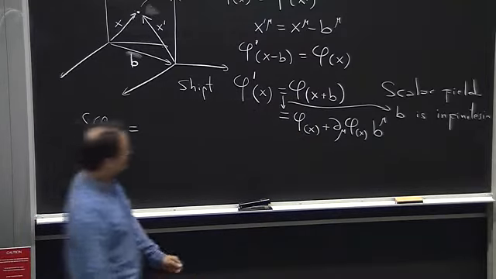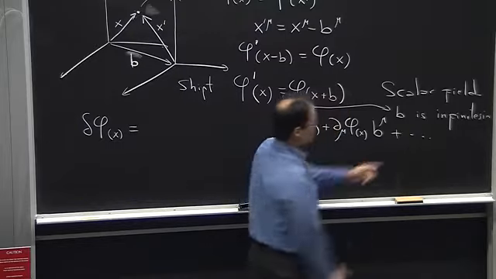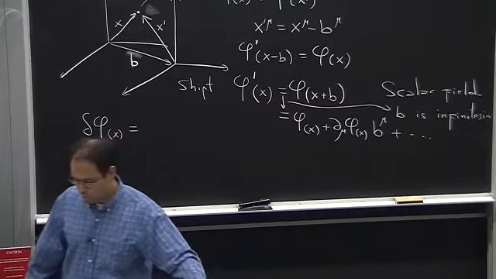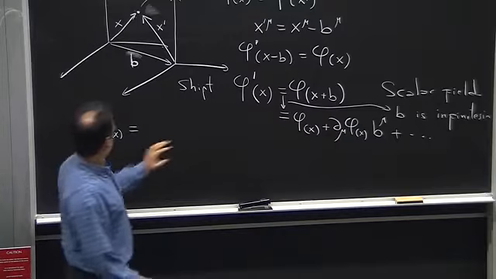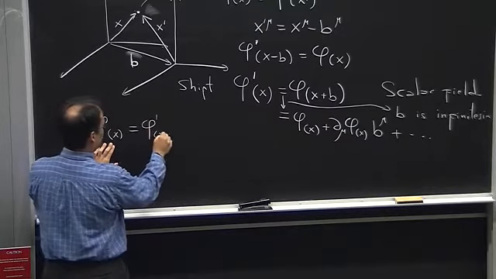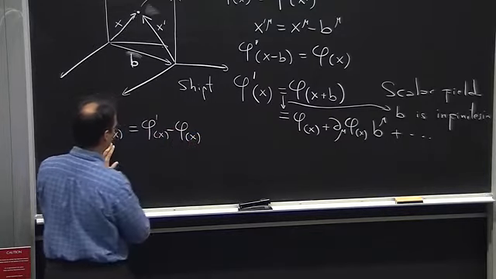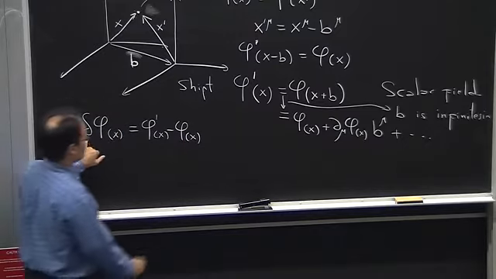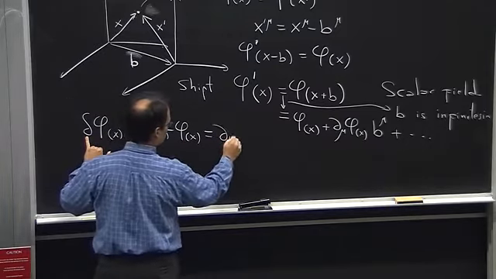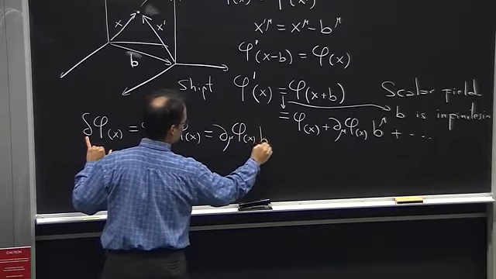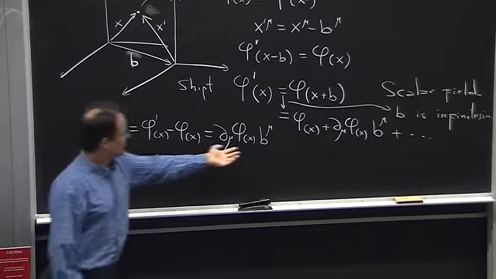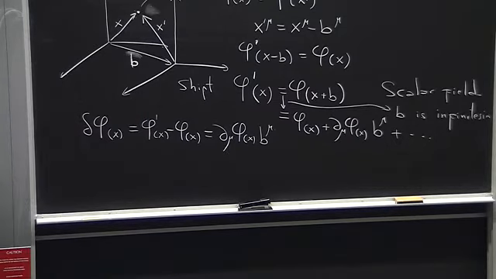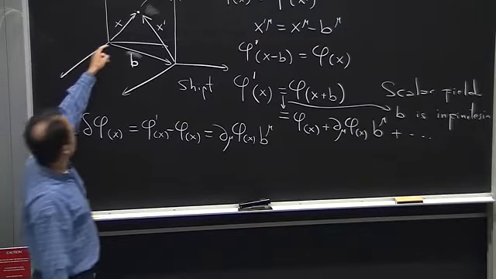Do you agree? Plus higher order terms, but if b is infinitesimal, the rule tells us not to do anything with the rest. So the variation is nothing but phi prime of x minus phi of x with an infinitesimal value. So it's simply given by this. Okay, so we learned that every time we have a scalar field, it transforms like this under a translation by a vector b.